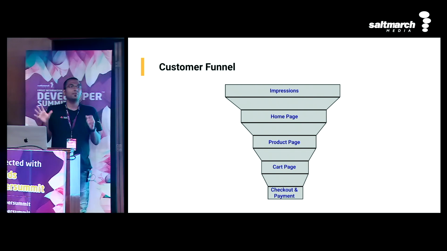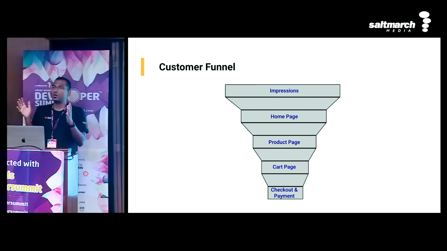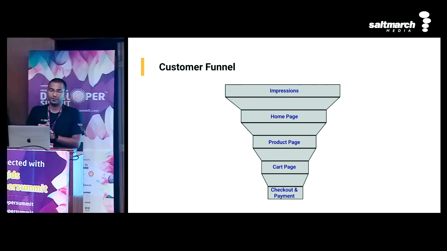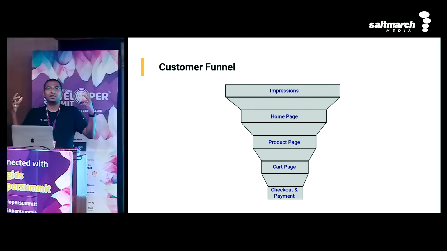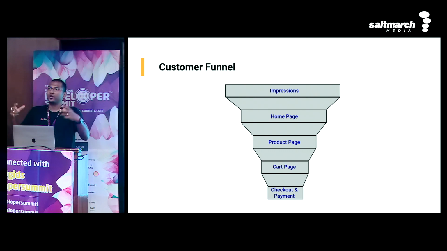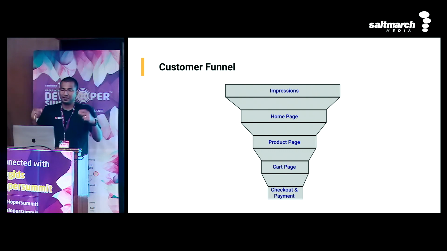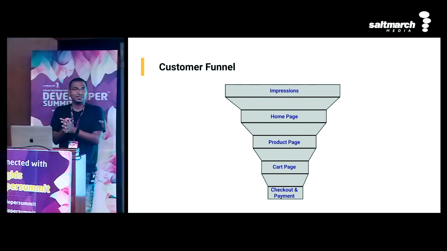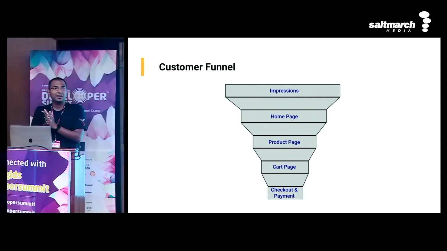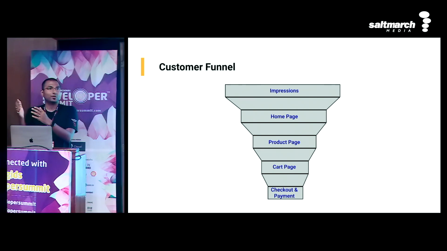So this is a typical customer funnel for any e-commerce company. First we have the impressions, that is how many people actually ended up coming to your website. Then eventually they choose to stay on the homepage. If they like, they go to product. If they intend to buy it, they add it to cart.